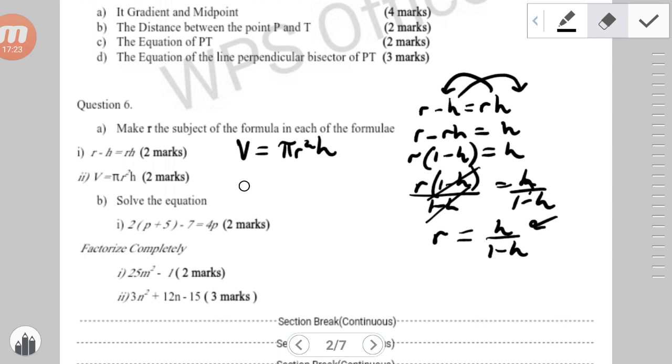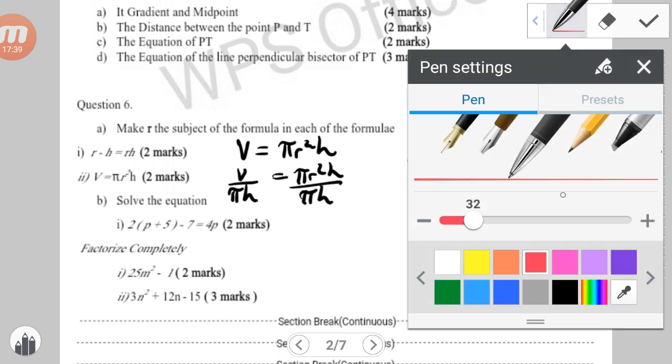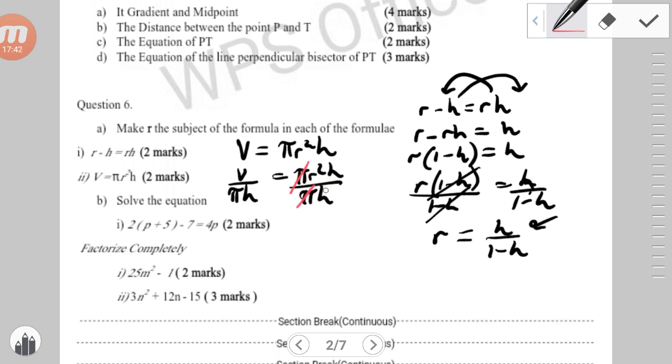Naturally you'll realize that we can isolate R squared almost immediately by simply dividing both sides by pi H. So pi R squared H divided by pi H, the pi cancels the pi and the H cancels the H. So you end up with V divided by pi H is equal to R squared.